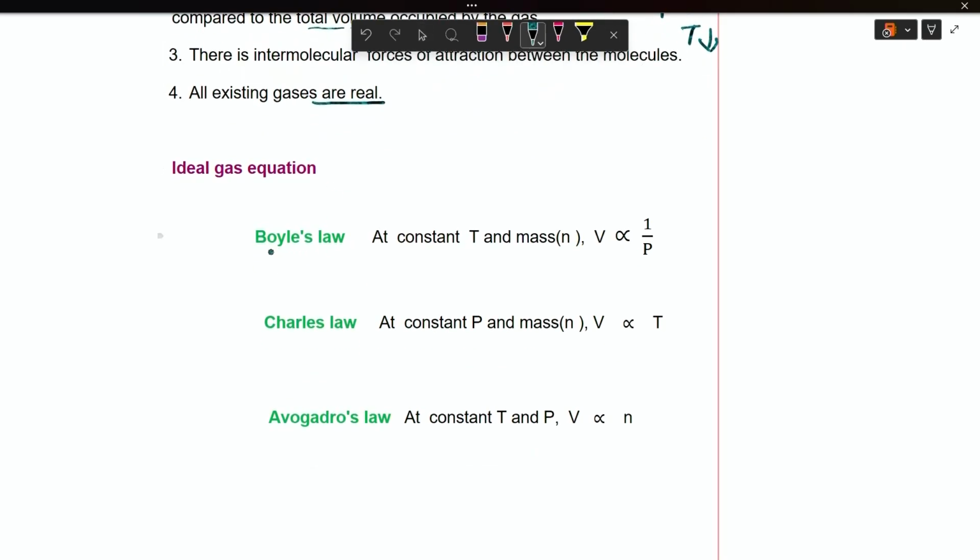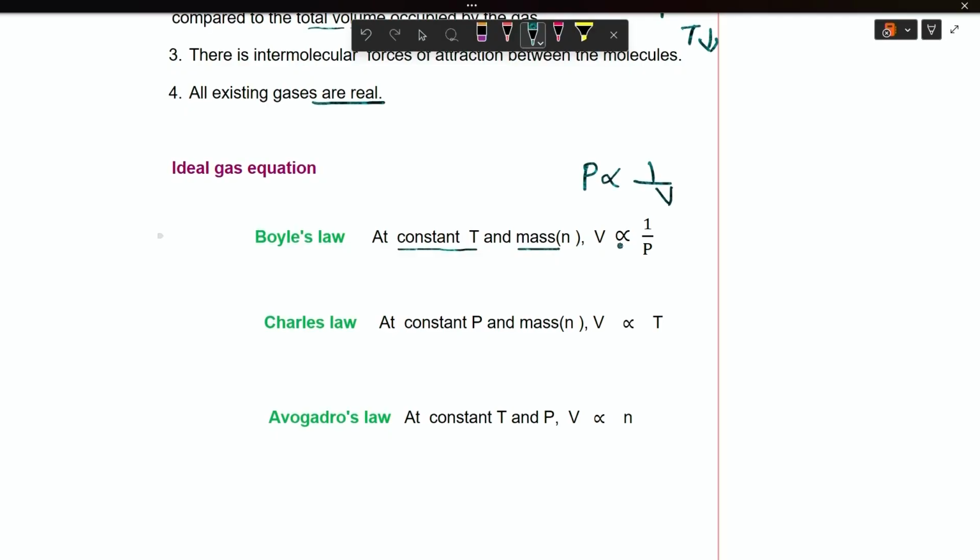Boyle's law, as we have seen, at constant temperature and mass, says pressure is inversely proportional to volume. I am just putting it the other way: volume is inversely proportional to pressure, that is, V is proportional to 1 by P. In both cases that is the same.